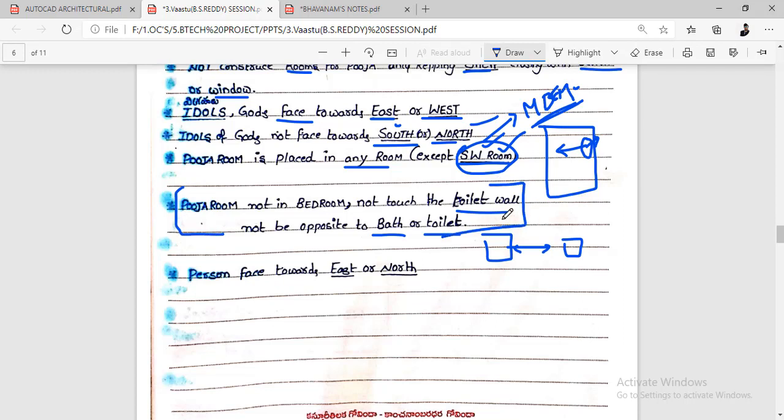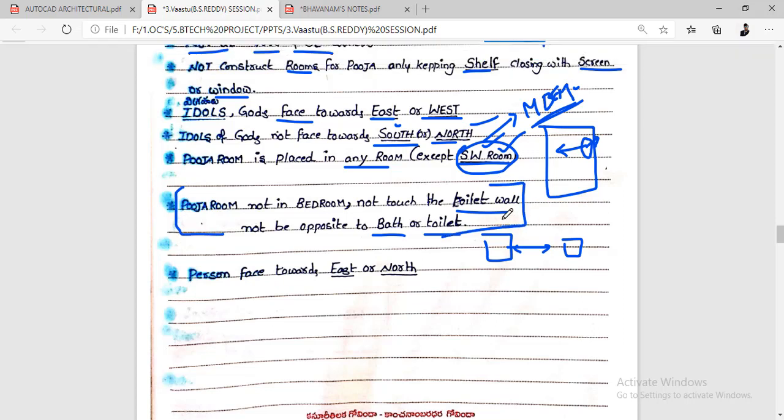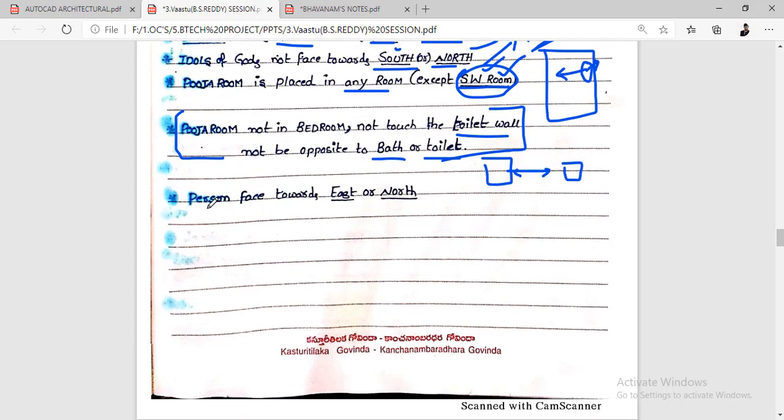If there is a toilet in front, how can you do the puja in front of the toilet? That's why persons should face towards east and north. If the idols face east, persons also need to sit facing east. Okay, and the north also.